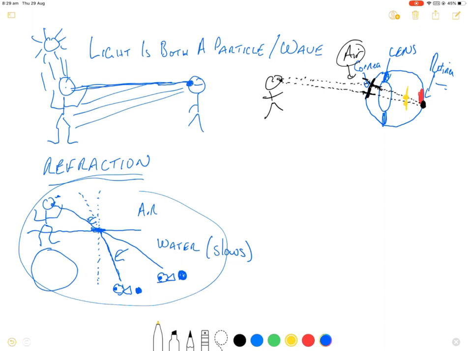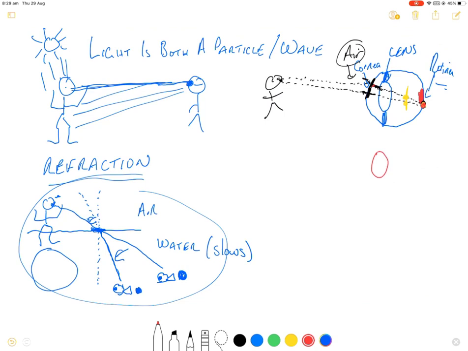So how do you make sure that you're focusing on the retina, on this point here? And I'll go back to red. Well, the reason you can is because not only do you refract here at the cornea, there is also some refraction occurring at the lens. And the lens is quite interesting.